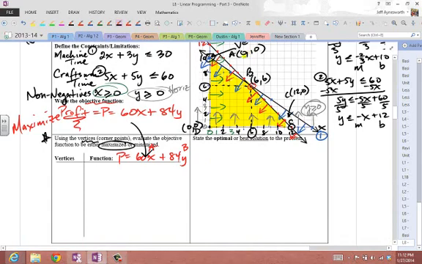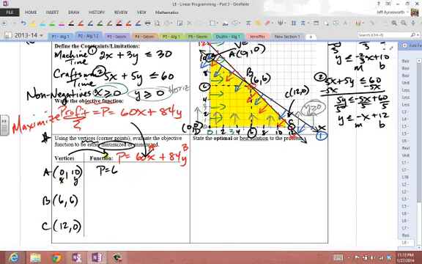So A is 0, 10, B at 6, 6, C at 12, 0, and we want to find the profits for each. So we've got to take all these values and just substitute them in. That's what it means to solve a linear programming problem. The max and the min always occurs at a corner point.